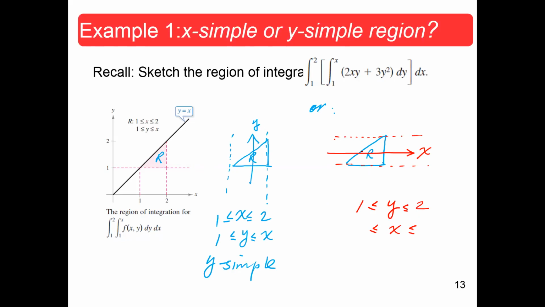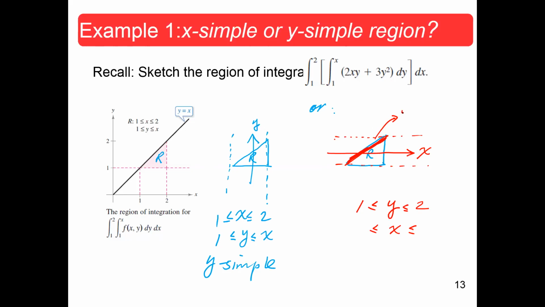All right, and then what is the lower bound for x? Would it be 0? Oh, okay, so that's about the first function it intersects in this region R. It'd be the first function. Be careful here. What is the graph of this function?